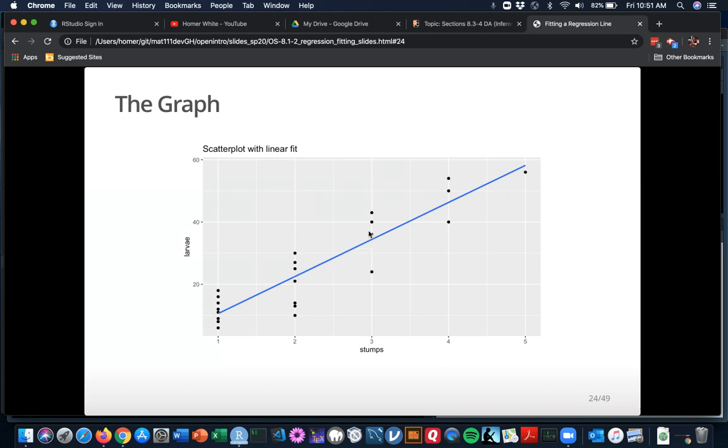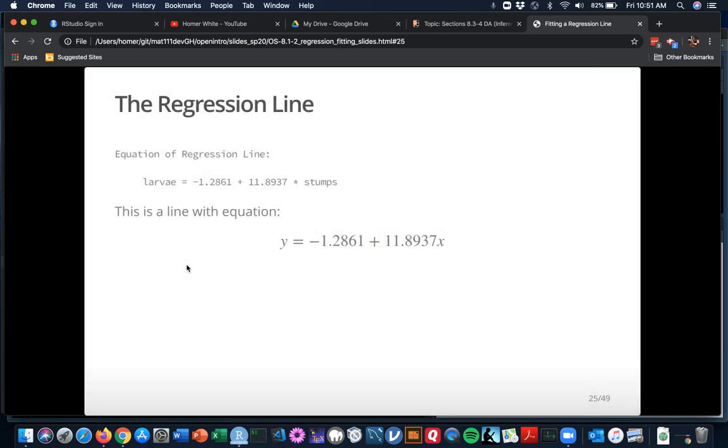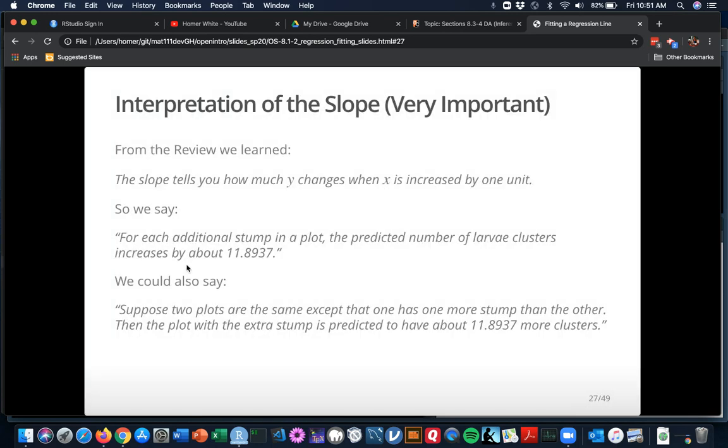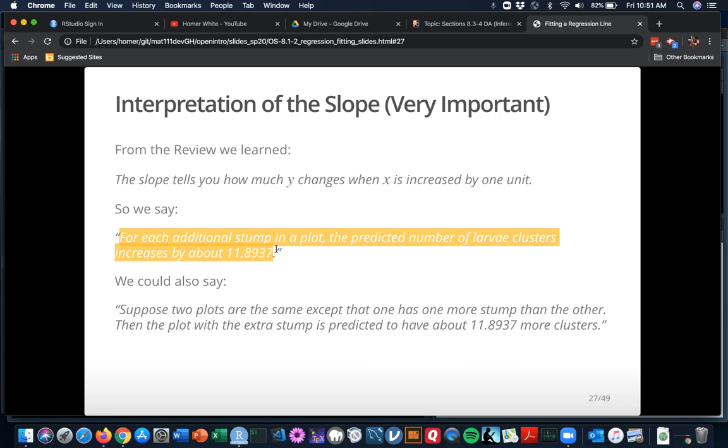And the amount that it goes up, from this level to this level, is the slope of the line. It's that 11.9 thing. So that's a great way to interpret the slope of your regression line.